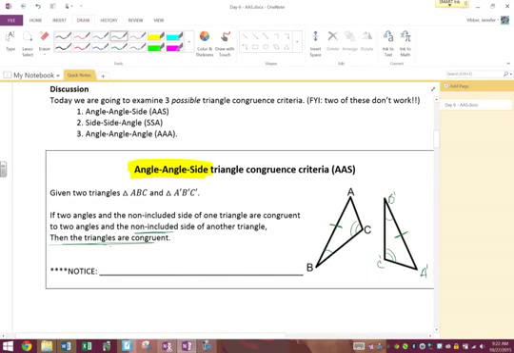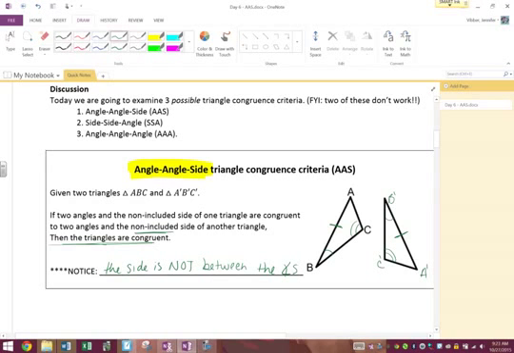So instead of ASA, where you have two angles and the included side, we're now saying AAS also works, two angles and the non-included side. Notice the side is not between the angles.